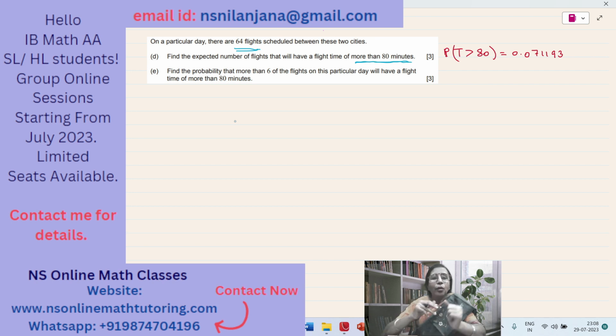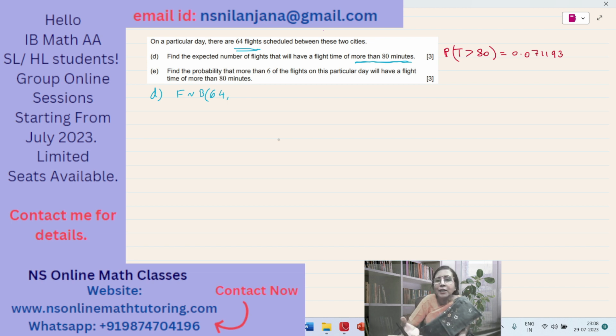So we can write F, for flights, is a binomial distribution variable. And what are the parameters? N and P. N is the number of trials, which in our case is 64. And P is the probability of success. What is success?